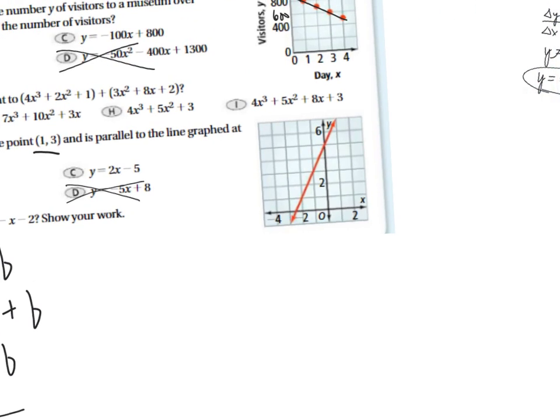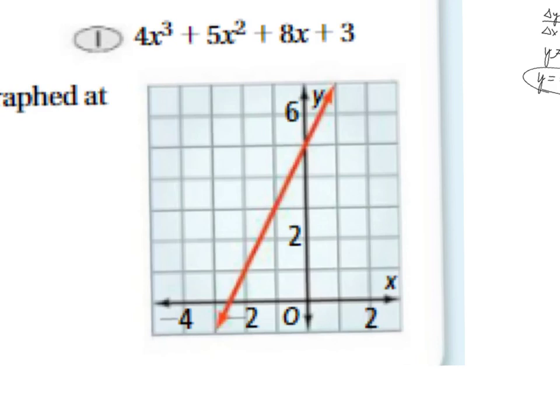And if you think about this, if you actually graphed this, not that we're going to write in our math book here, but if you graph the point 1, 3 and you try and draw something parallel to that, maybe something like that.